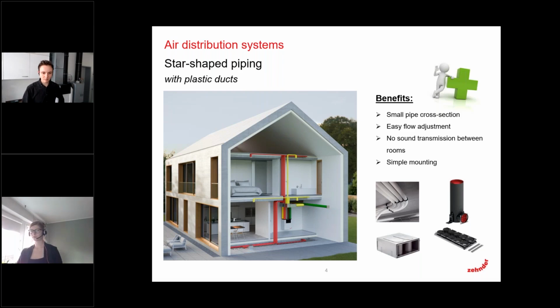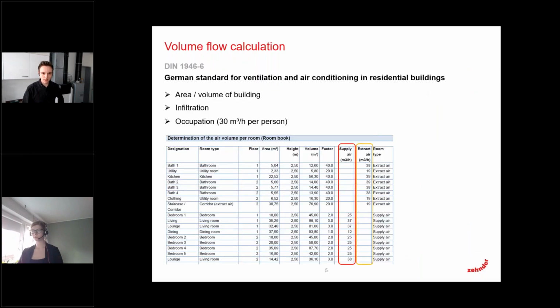At this point, we also need to take a look at the volume flows which we need for residential housings. In Germany, we have the German standard, which is the DIN 1946 Part 6. In other countries, you have other standards, but they are nearly the same.